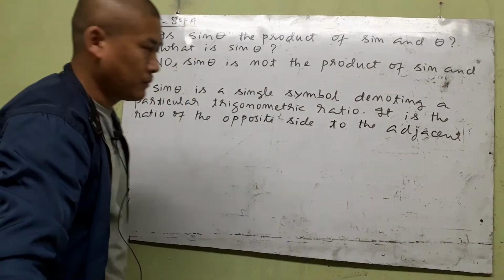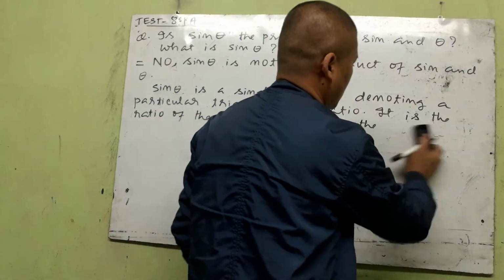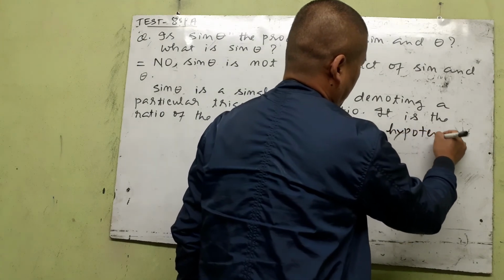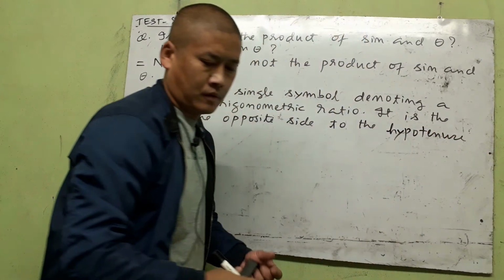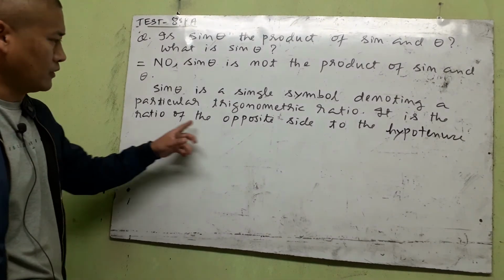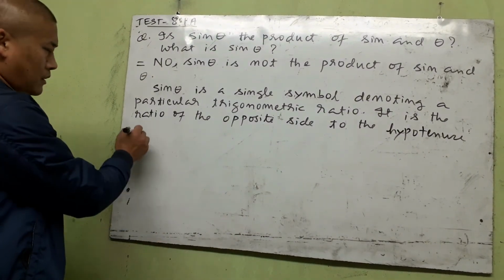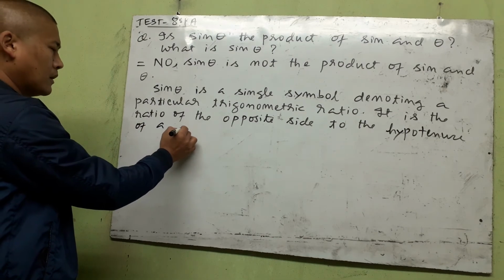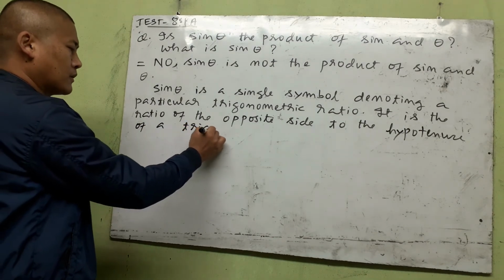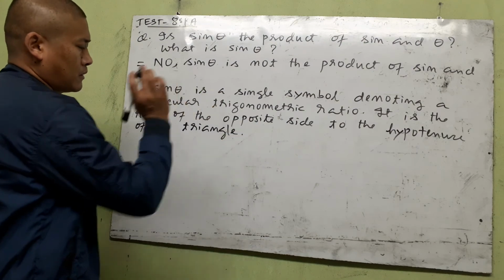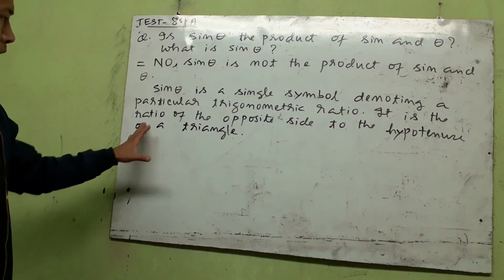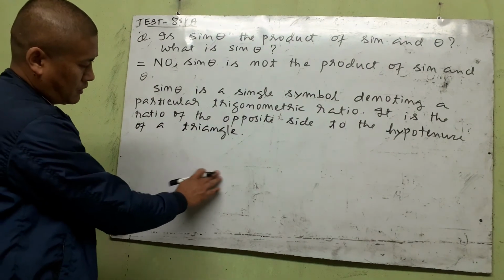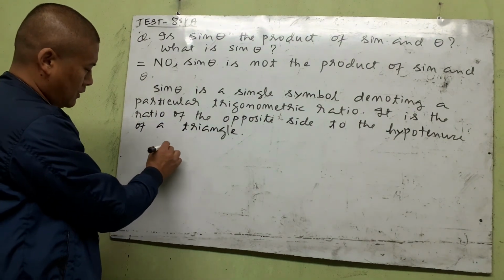Oh, sorry, opposite side by hypotenuse. It is the ratio of the opposite side to the hypotenuse of a triangle. That's it. That's enough. Okay. Now to explain this, what does this mean? This one you can just write it as for your own remembrance.